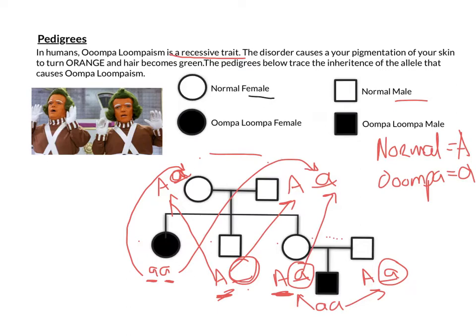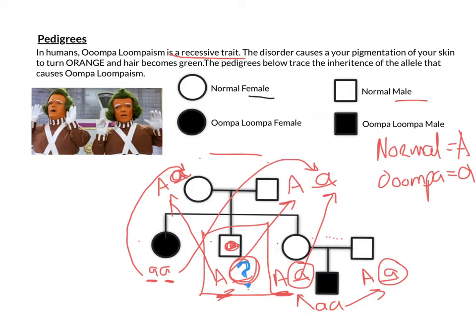But we're still concerned about this one right here. This one can still be either one. The only way we can tell what this particular kid is, is when that kid gets married to somebody and they start having kids. So in this case, I would put a question mark, because it's still unknown until this person gets married and has children of his own. Then you would be able to tell, based upon what his kids look like, what that would be.